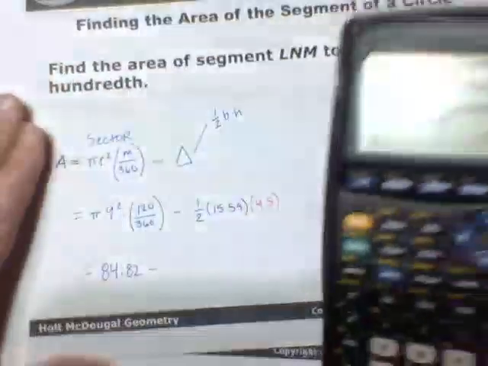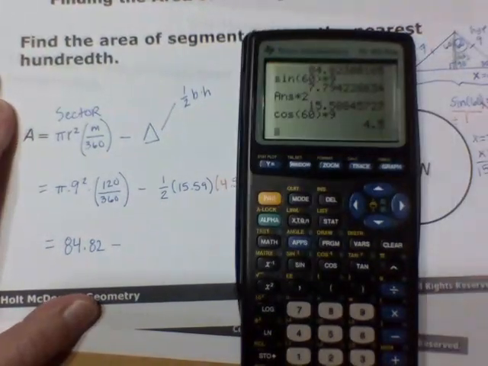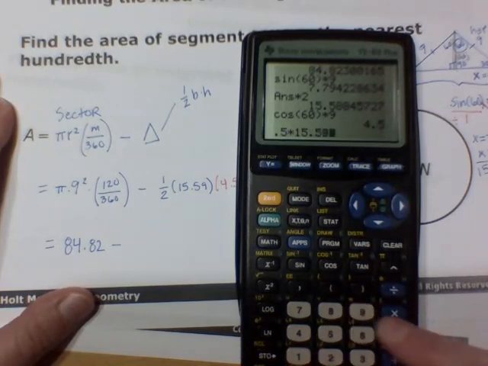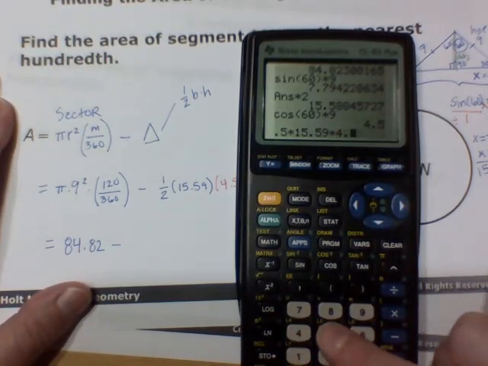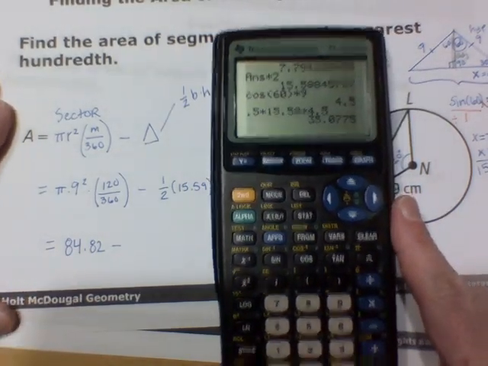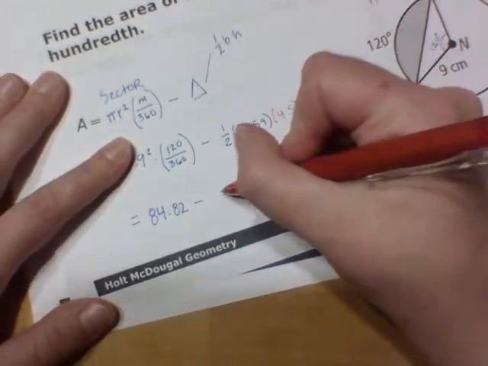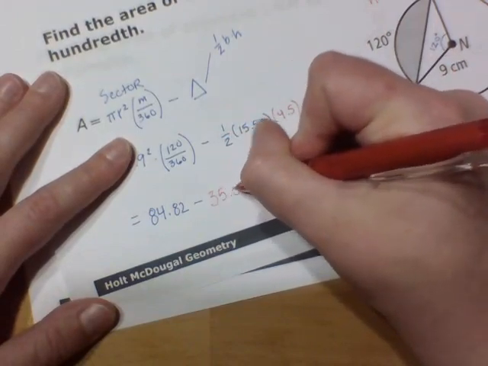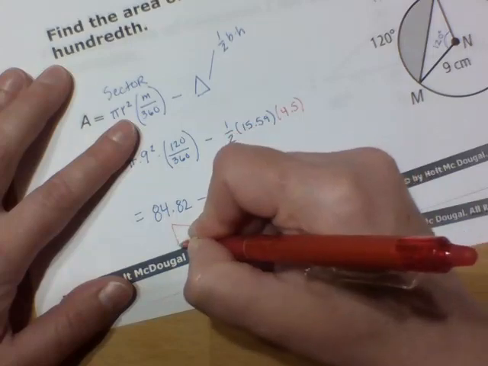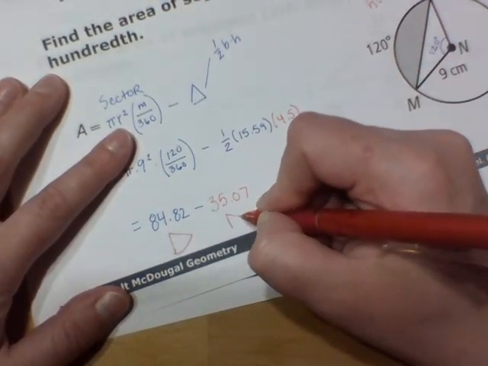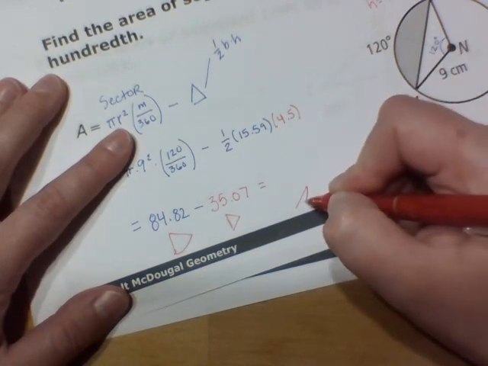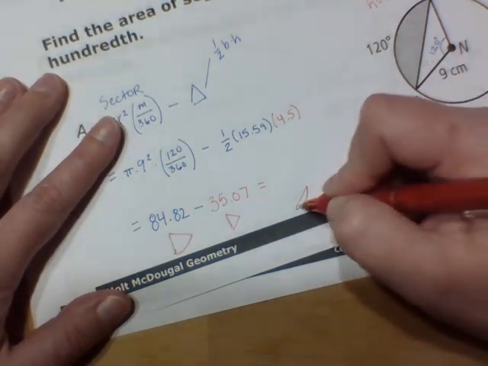Getting the entire area of that triangle, we're going to take a half, or 0.5, times 15.59 times 4.5, which is the height, and we're going to get 35.08. And so we're going to take this entire area of the sector and subtract out the triangle in order to get that little moon-shaped piece.